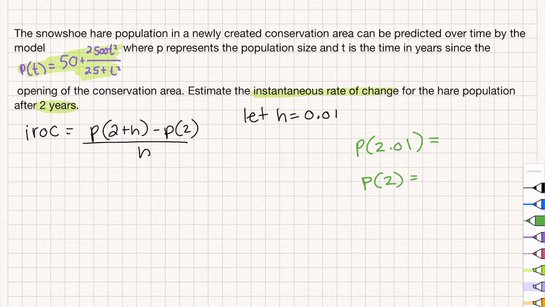For P(2.01), you should get 397.8. And for P(2), you should get 394.83.